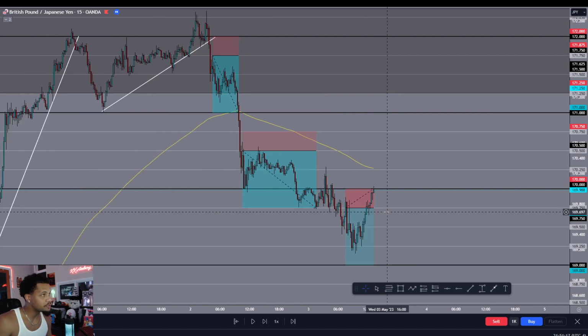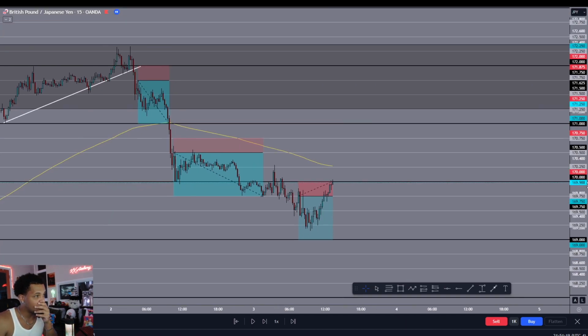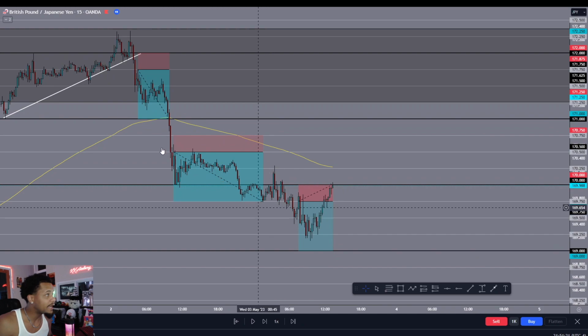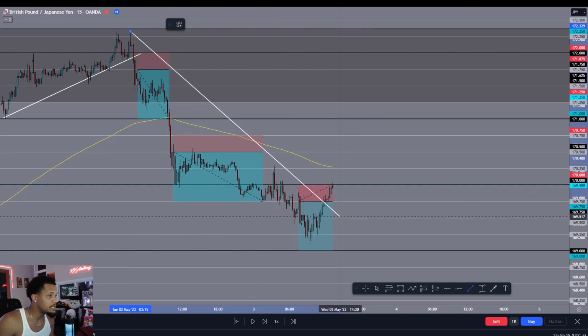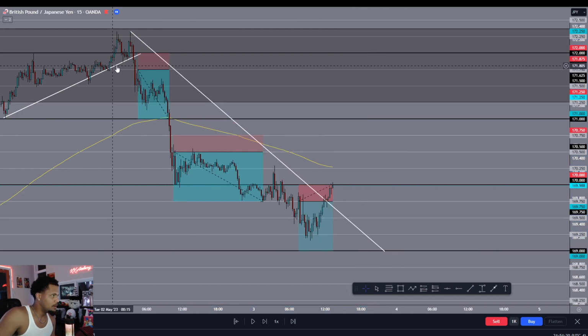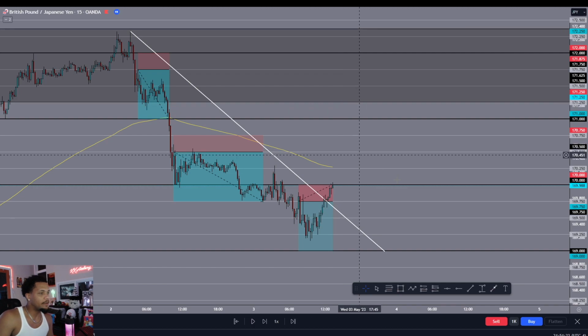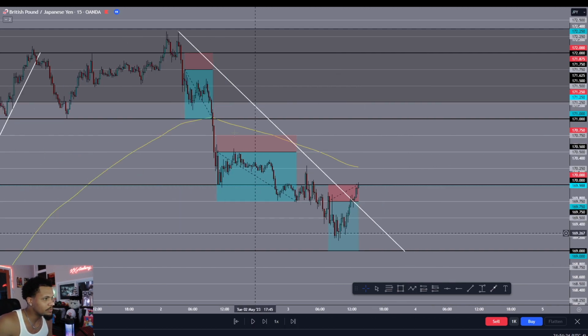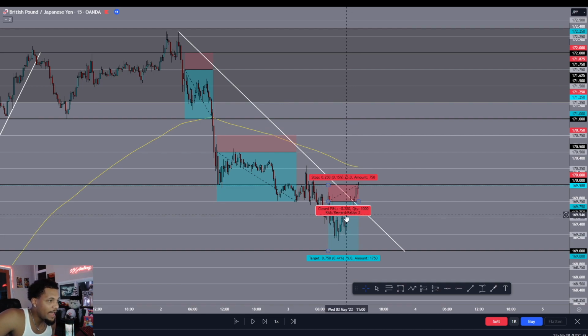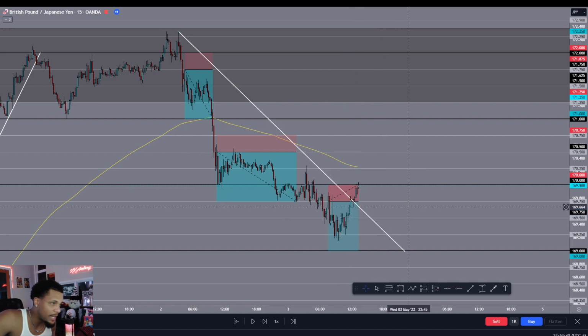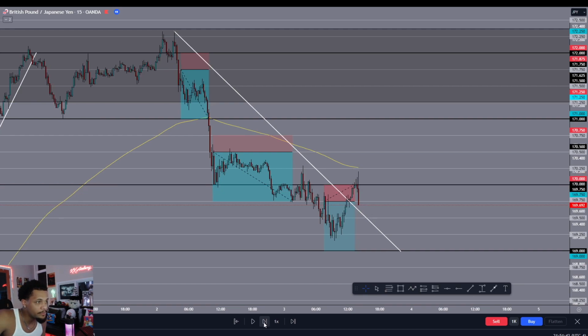Also, like I told y'all before, you can see that we're on a downtrend if you're using a trend line. Now let's continue. What is that? 75, 150. I'm counting this as 50. So that's 200. Let's keep going.